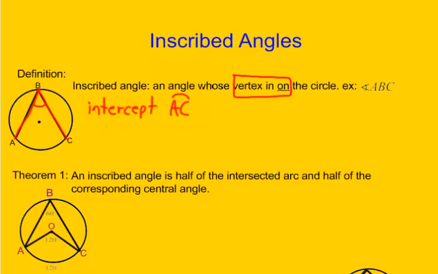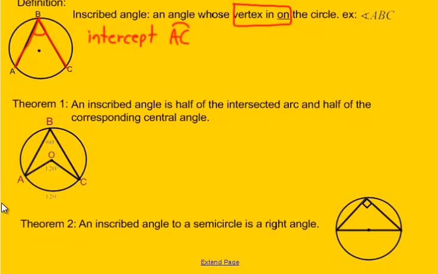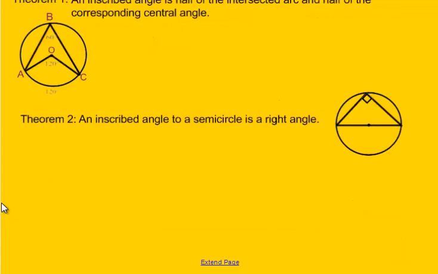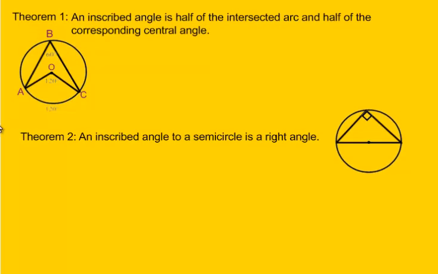Okay, now our first theorem is that an inscribed angle is half of the intercepted arc and half of the corresponding central angle. So as we look at what we have here, an inscribed angle is half the intercepted arc and half of the corresponding central angle.